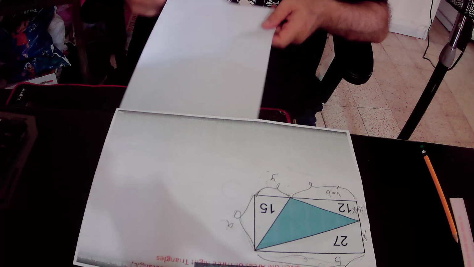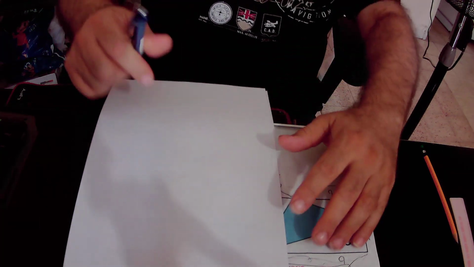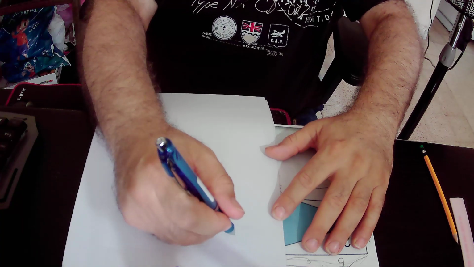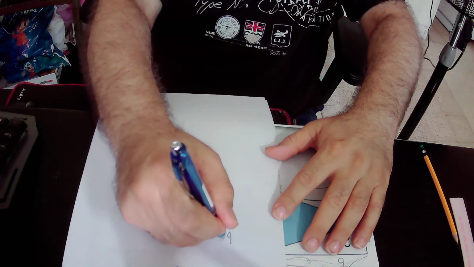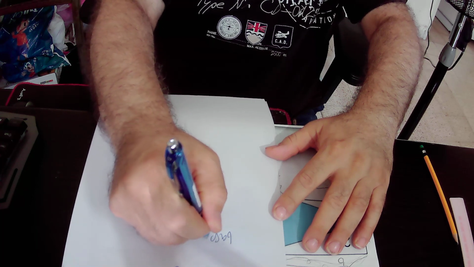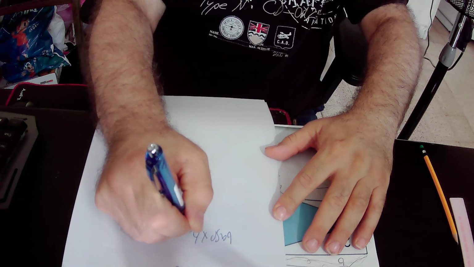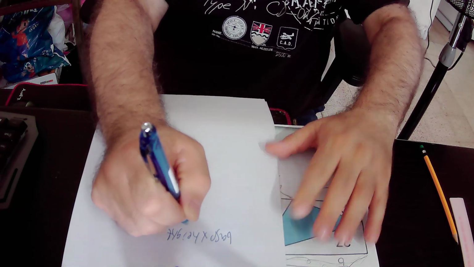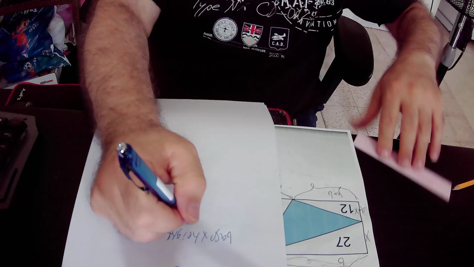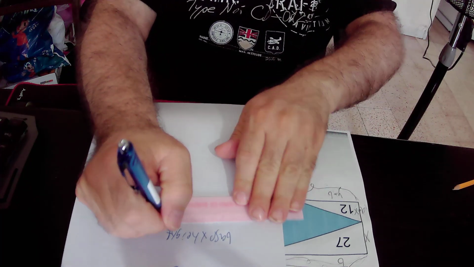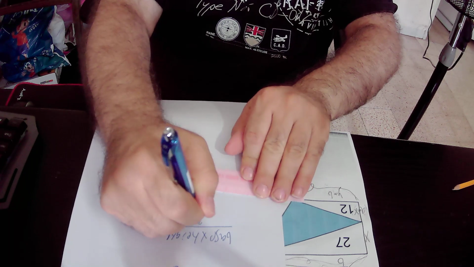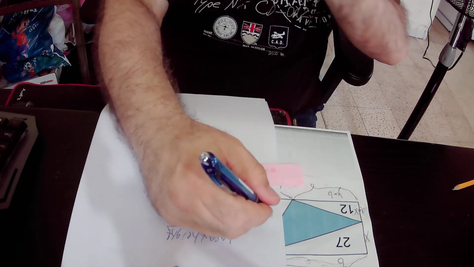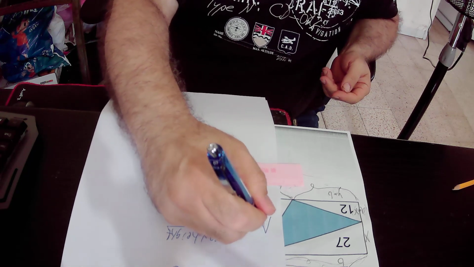In general, as you already know, the formula for the area of a triangle equals the base of the triangle times the height to the base divided by 2. So this is the formula for the area.